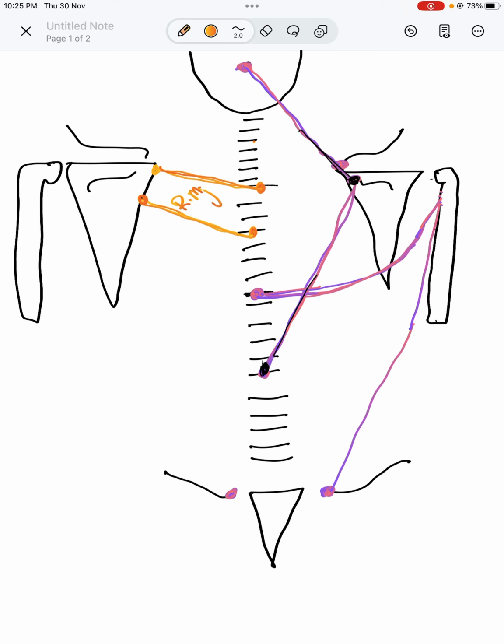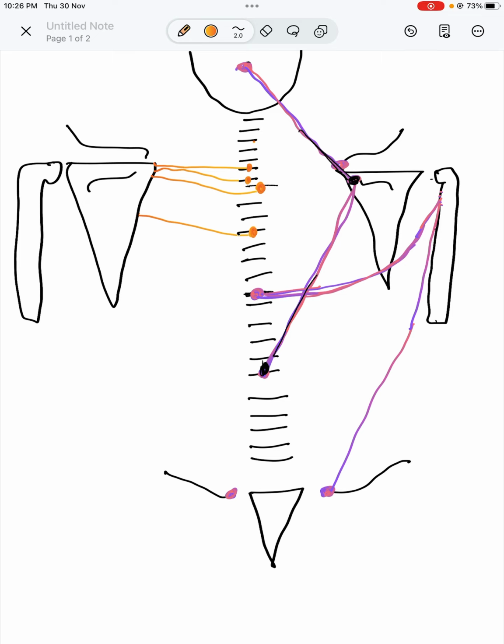Now similar to the rhomboid major, we have rhomboid minor. The rhomboid minor is starting from the spinous processes of C6 and C7, and it is also attached to the medial border of the scapula. Actually, for your rhomboid major, I should attach it a bit lower so that we have more space for your rhomboid minor. So this is how your rhomboid major and rhomboid minor are attached.